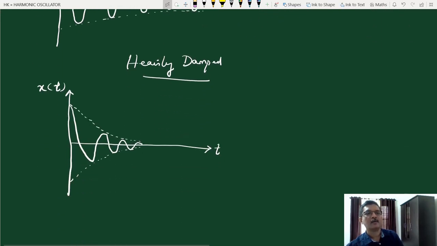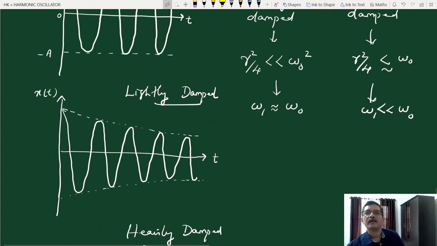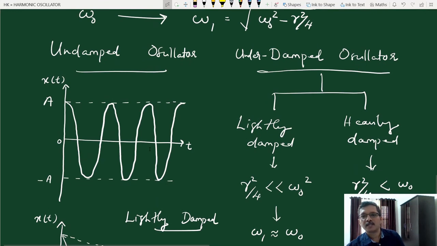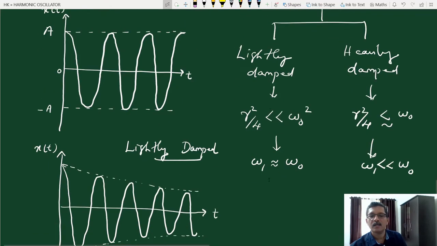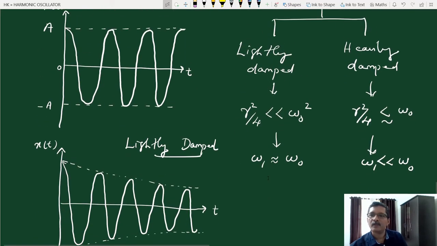In a heavily damped oscillator, the amplitude will be decreasing very fast, very rapidly. So this underdamped oscillator you can classify depending upon the relative value. If the damping constant is very small compared to the natural frequency, then it is lightly damped. If it is of the order of the natural frequency, then it is heavily damped.